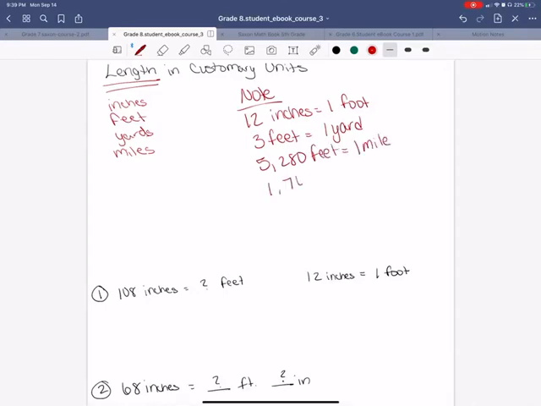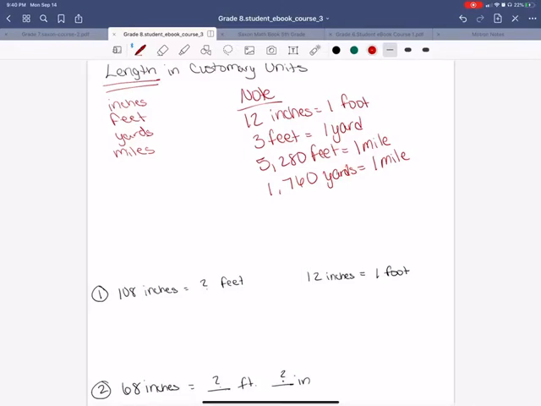And 1,760 yards equals, or I've been saying in, but I apologize, in 1 mile. So 12 inches equals 1 foot, 3 feet equals 1 yard, 5,280 feet equal 1 mile, and 1,760 yards equals 1 mile. All right, so we're going to work on converting length.